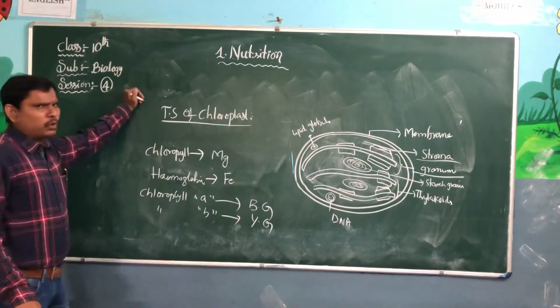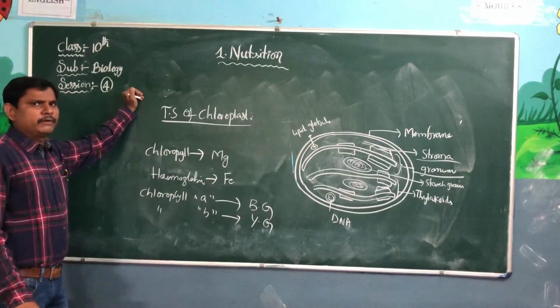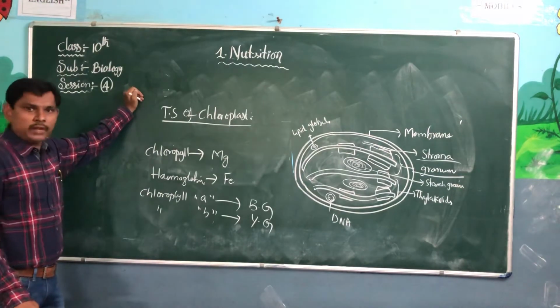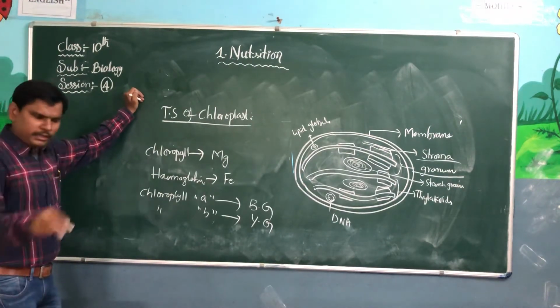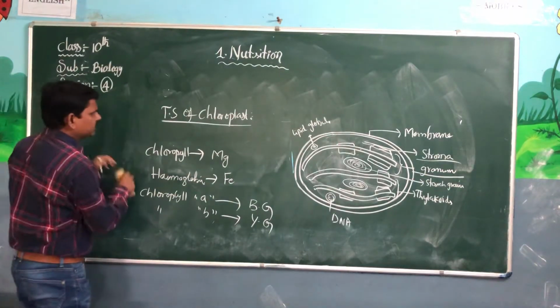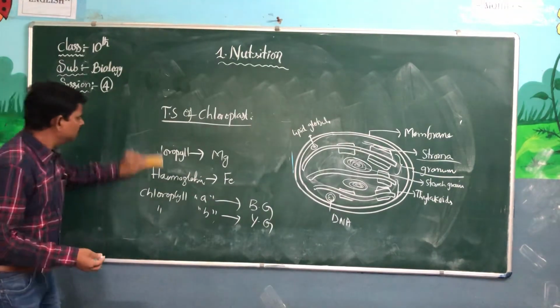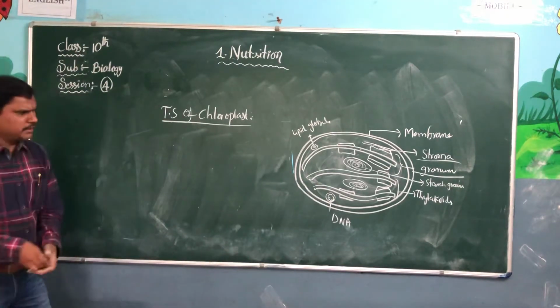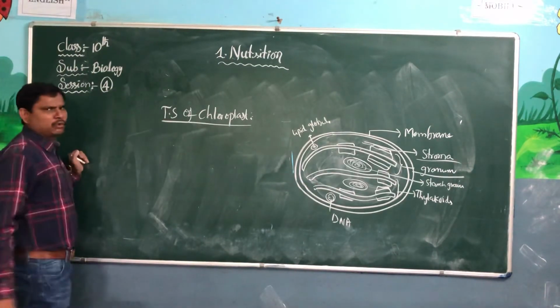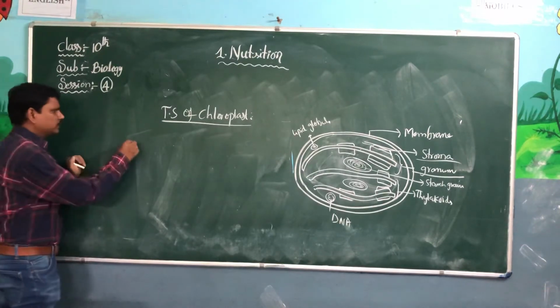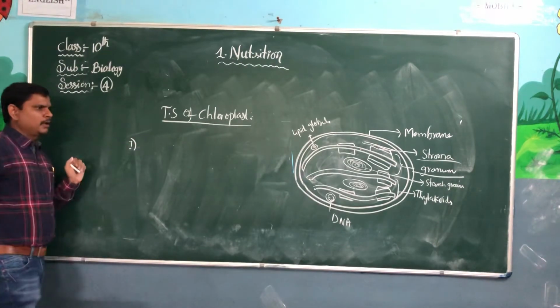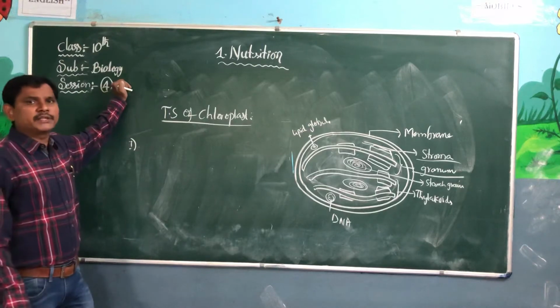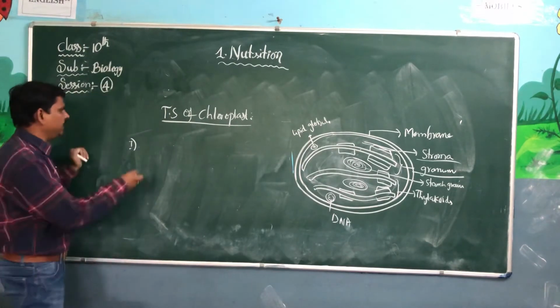During photosynthesis, some events occur in the chloroplast. I will explain only the three most important events. The first is conversion of light energy into chemical energy.